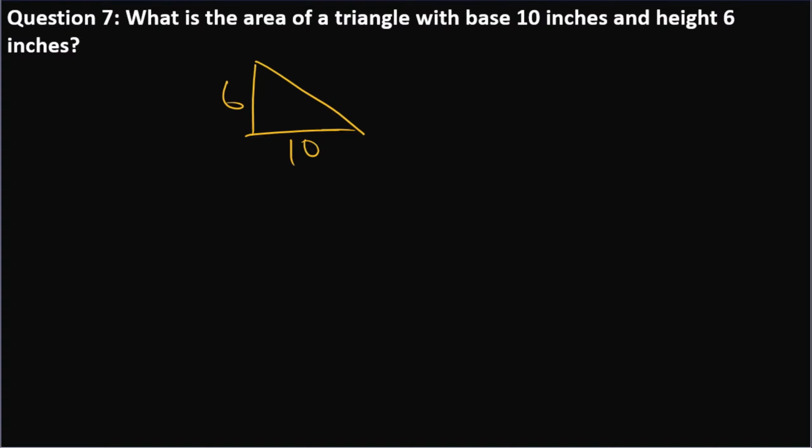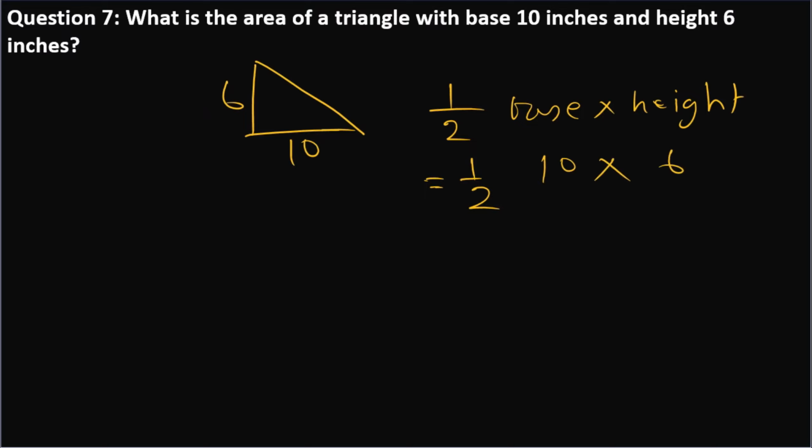So here we need to find out the area. So here the rule is half into base into height. So here the base is 10 inches and height is 6. So here, inches square, and here 10 times 6 is 60 over 2 inches square, here 30 inches square.